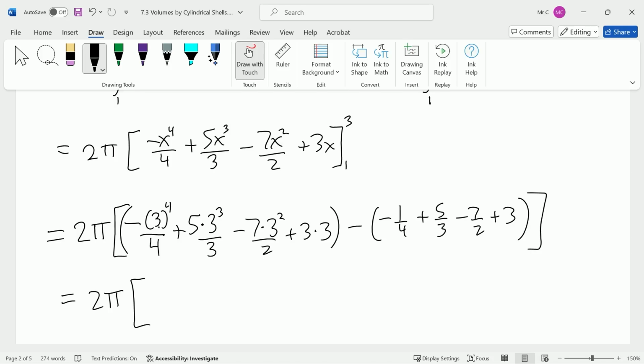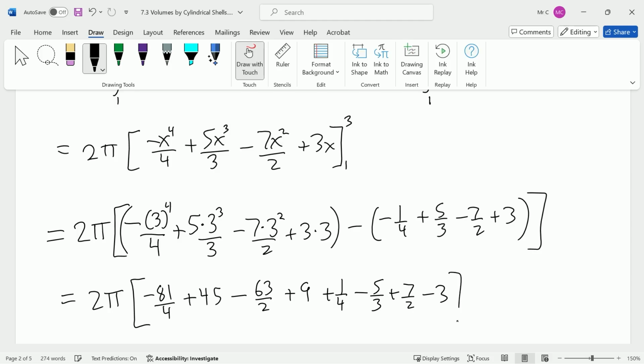So 3 to the 4th, that's going to be 81. So negative 81 over 4. 3 cubed over 3 is 3 squared. That's 9 times 5. That's 45. Minus 9 times 7 is 63 over 2. Plus 9. And then we're going to distribute this negative. So we get a positive 1/4 minus 5/3 plus 7/2 minus 3.